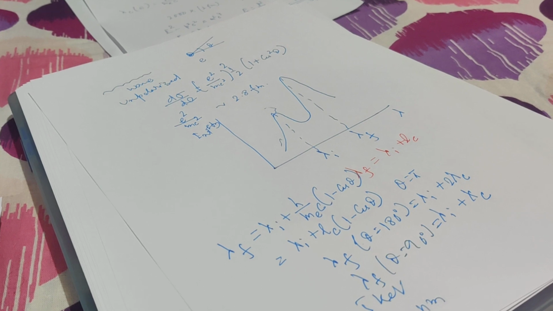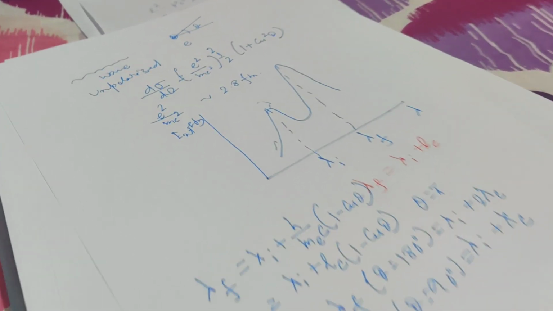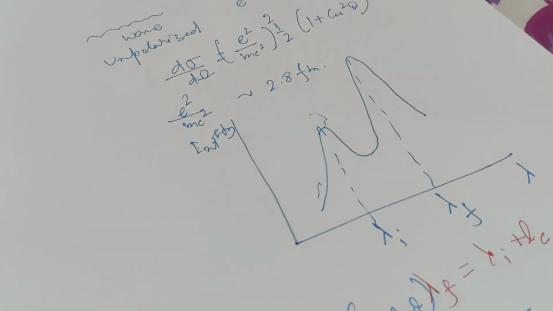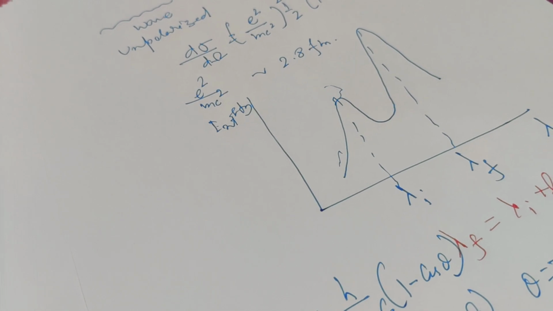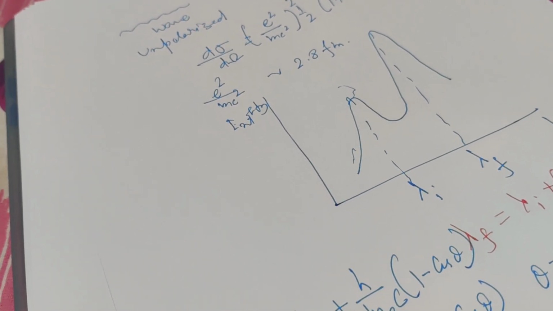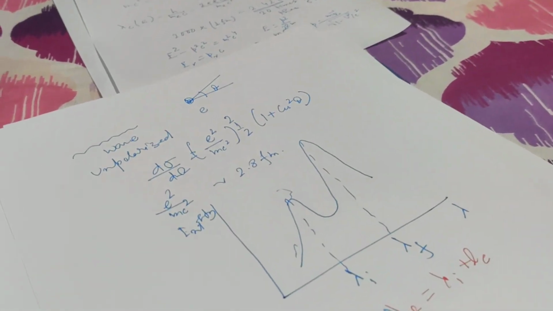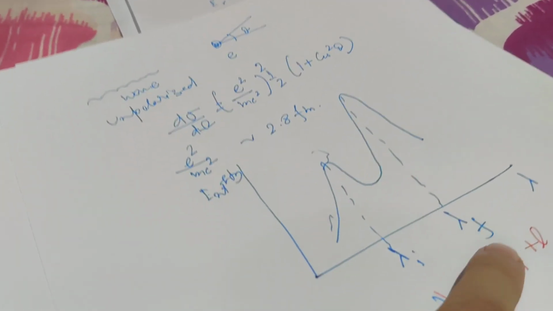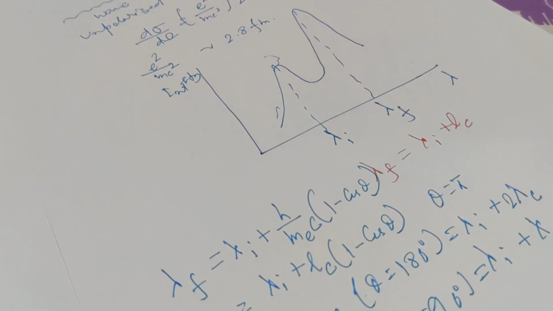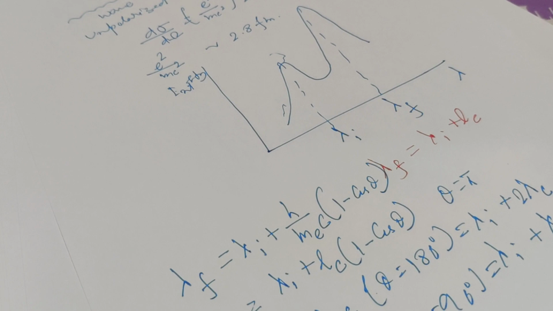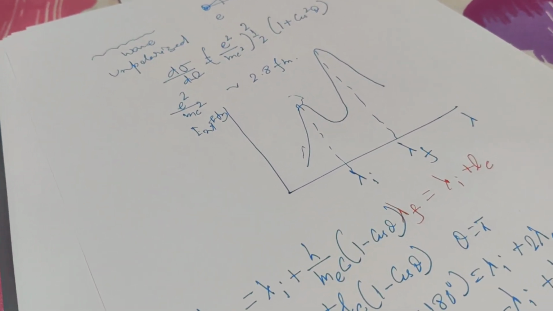The plot of the intensity, or the number of photons scattered as a function of wavelength, is shown in this figure, where the first peak is at the original wavelength lambda I equals 0.0709 nanometer, and the peak at lambda f is shifted, the expected lambda f minus lambda I being 2.2 picometer, which is about the Compton wavelength of 2.4 picometer.